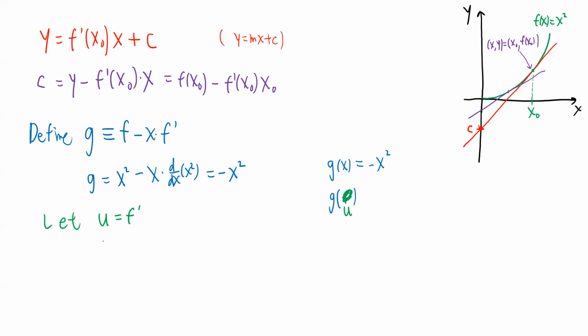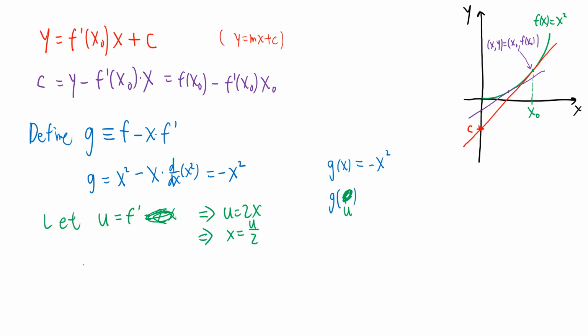Well, you know that this f prime is equal to d/dx of x squared, so this is just 2x. Let me write them out separately. Therefore, x is just u divided by 2.